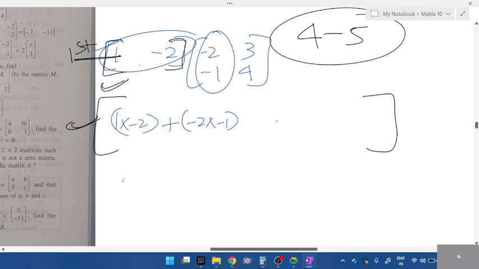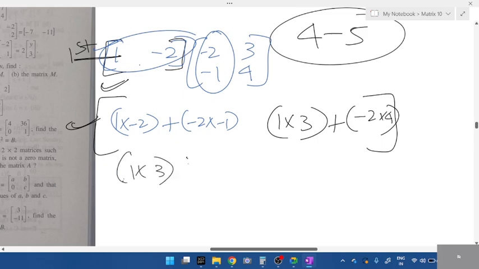Take first row, second column. Next, 1 into 3 plus minus 2 into 4. So we don't have second row. Your answer also shouldn't be in row 2. Some students will do this and write this one below. This is wrong. If you write it below, it becomes row 2. That is wrong.